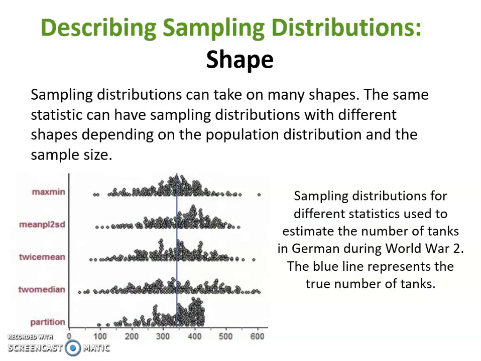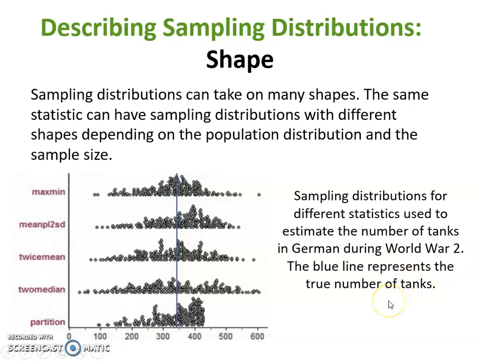And then shape. Sampling distribution can take on many shapes. The same statistic can have sampling distribution with different shapes depending on the population distribution and also depending on the sample size. Okay, this is just showing sampling distributions for different statistics used to estimate the number of tanks in Germany during World War II.